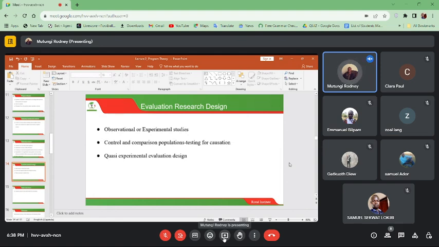And the best example could be like in a hospital setting, whereby you want to give one drug that is being tested to certain people. So you can take this drug to the hospital setting, and you ask people who would want to remain on the old drug.